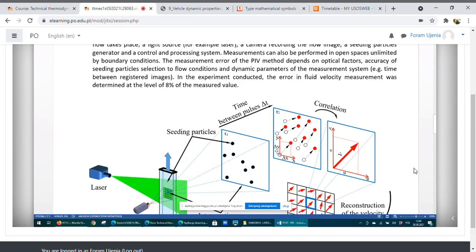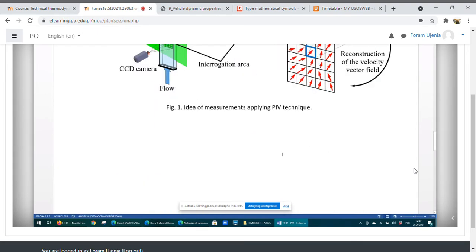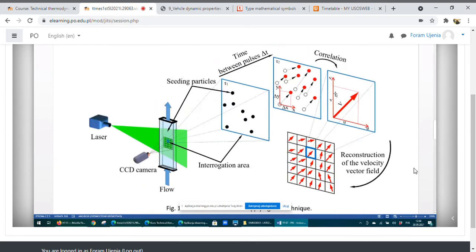If we measure this distance, we can calculate the velocity, because we have movement in one direction and in the second direction, and we can calculate the total velocity.